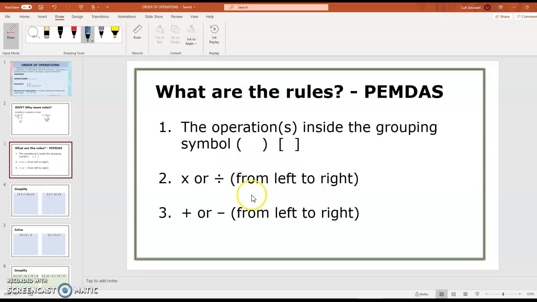The second one that you have to do is the multiplication or division, whichever is on the left hand side. And the last one is addition or subtraction. So remember PEMDAS: parentheses, exponent, which you're going to learn next year in 6th grade, multiplication or division for M and D, and addition and subtraction is last in the order of operations.